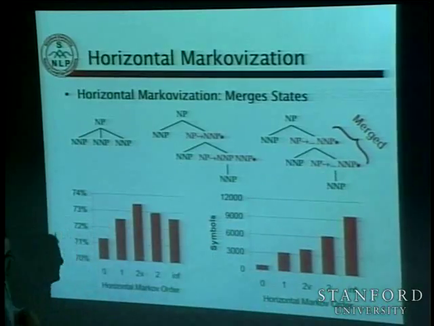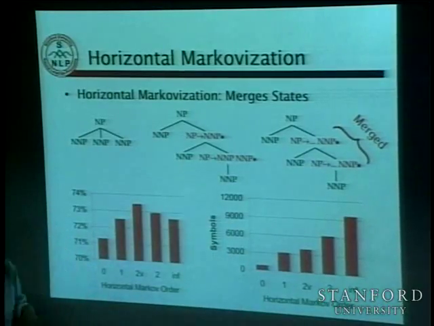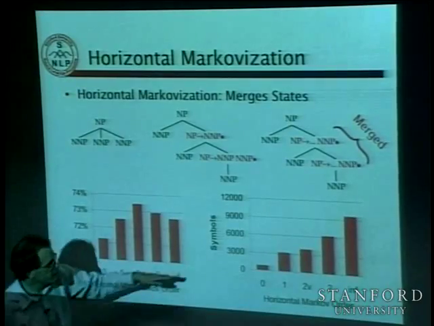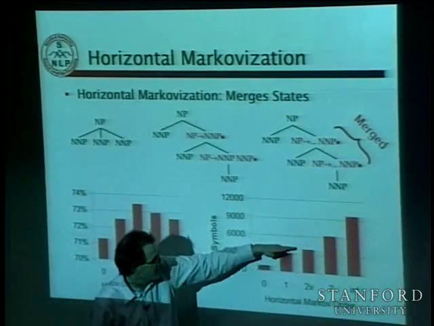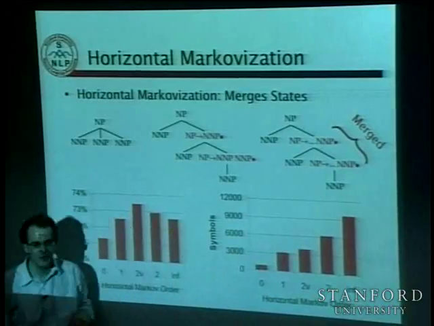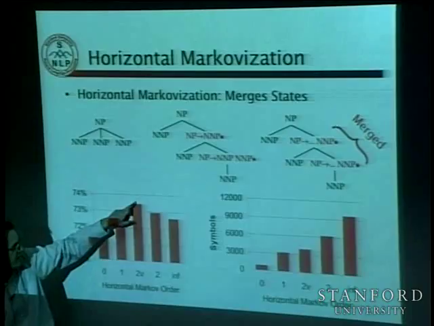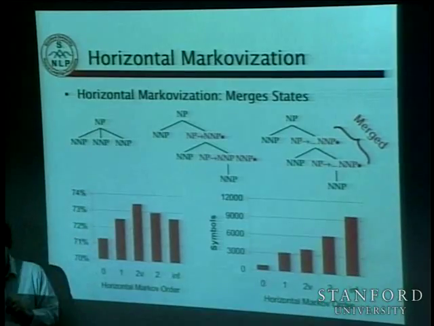So Markovization gives you a way of generalizing your grammar. And so if you Markovize your grammar, you shrink the size of the grammar in terms of the number of non-terminals in it a lot. And it turns out the performance actually improves, effectively because your grammar generalizes better.